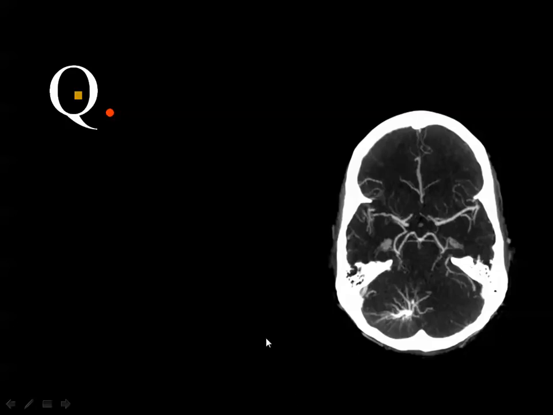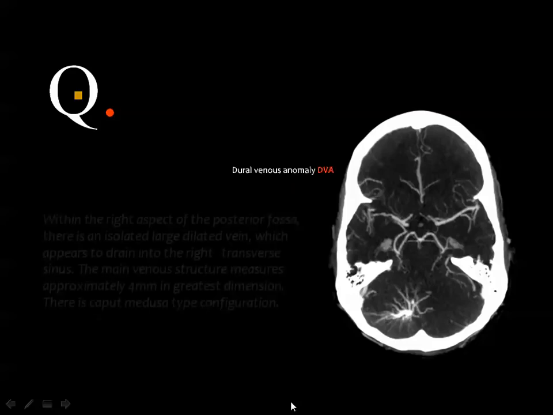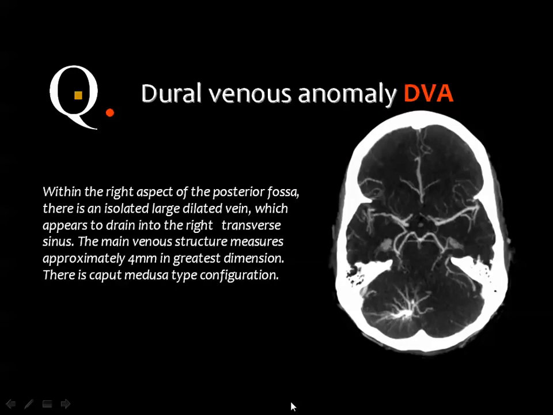And you see, this is an axial CT angiography of the brain showing a spider-like appearance of a vessel, a tuft of vessels in the posterior fossa, mainly on the right cerebellar hemisphere, and this is diagnostic of developmental venous anomaly. Previously it was known as venous malformation, and this is the wrong term.